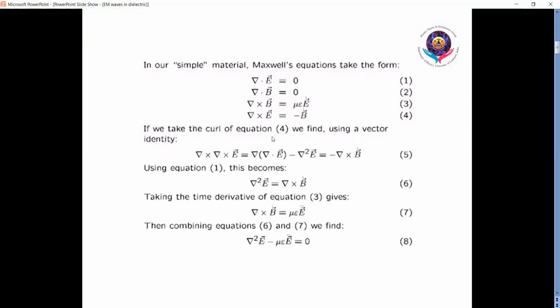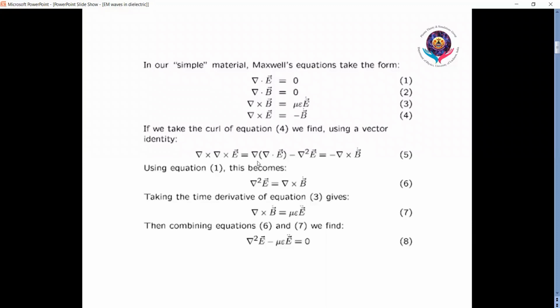And for our case, this term will be zero because del dot E is equal to zero, given by Maxwell's first equation. You can see it here. This term becomes zero. And from the fourth equation, on the right hand side, taking the curl of this equation, we have del cross B dot, the dot representing differentiation with respect to time.